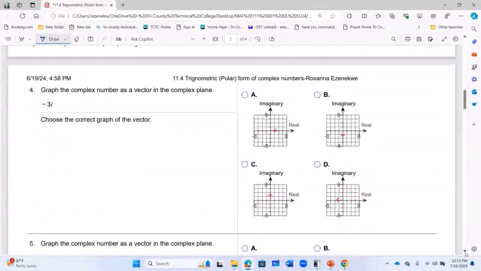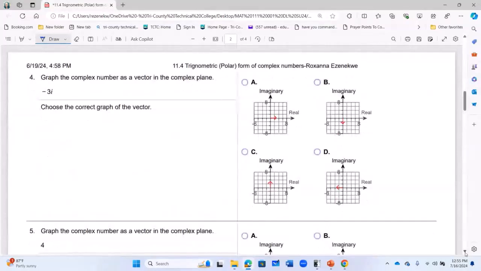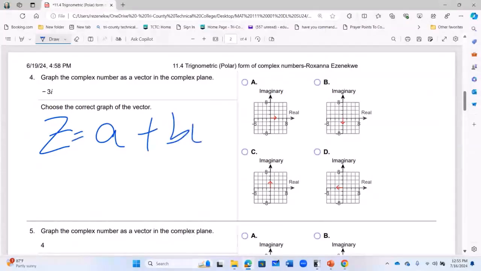Number 4, graph the complex number as a vector in the complex plane. All right. So we see the standard form of a complex number is a plus bi. So we're missing a in this. I want to rewrite it so that I have a.